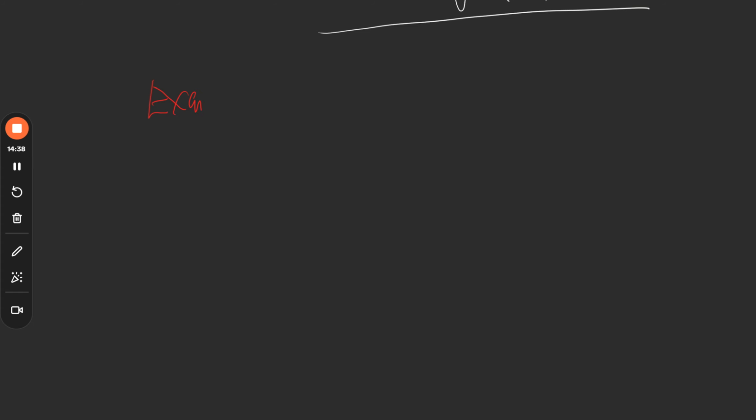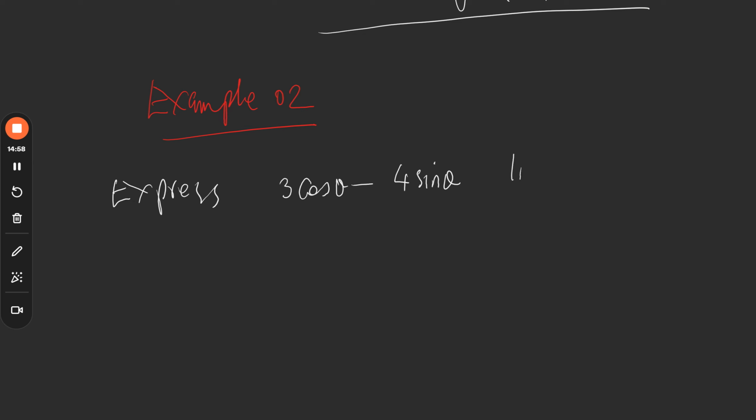So we're going to say, consider this to be example 2. The question is, express 3 cosine theta minus 4 sine theta in the form of r cosine theta minus alpha.